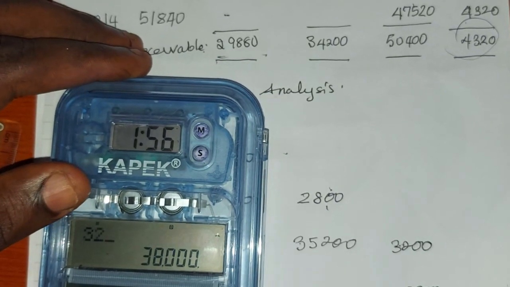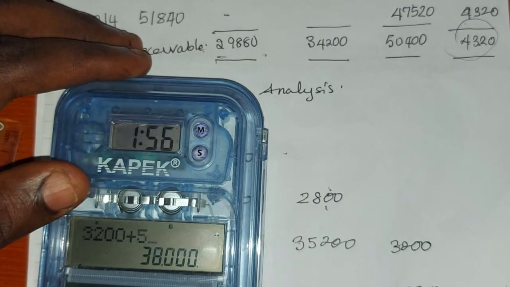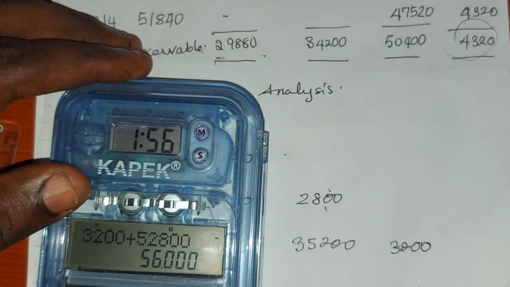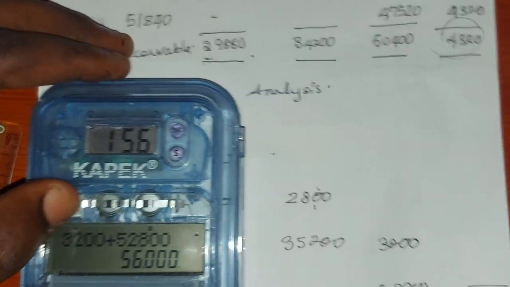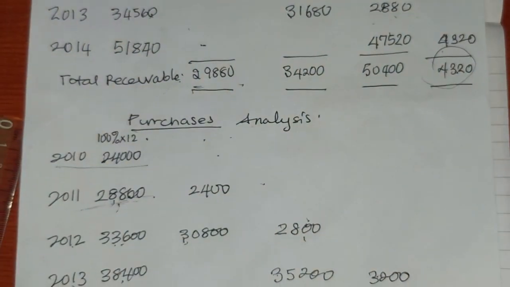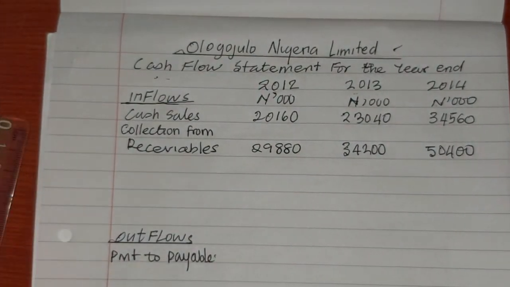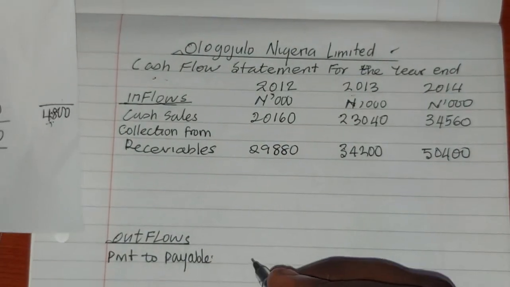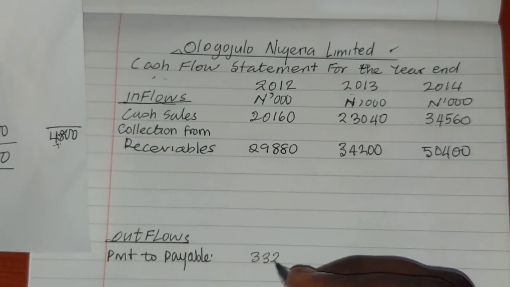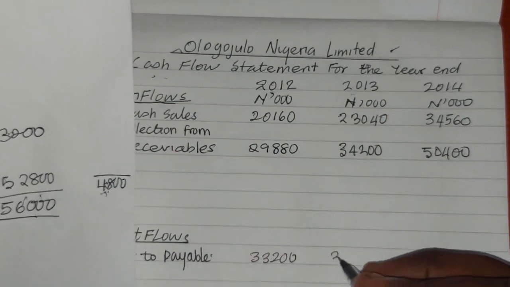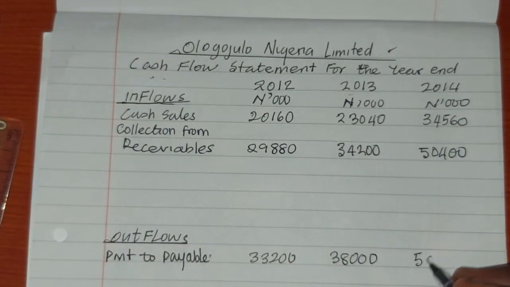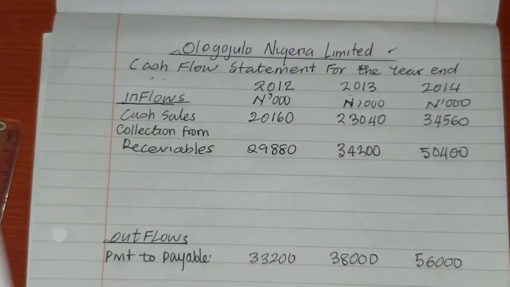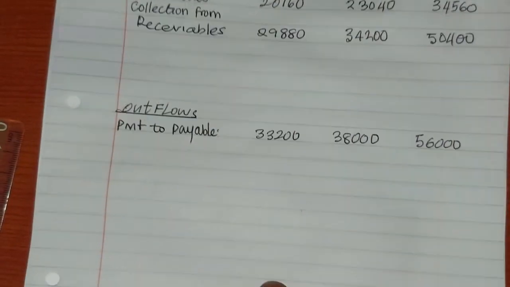Okay, for this will be 32 plus 52,800, and that will give you 56,000. Okay, then so our payable will be 33,200, 38,000, and 56,000. Okay, now let's continue with the question.